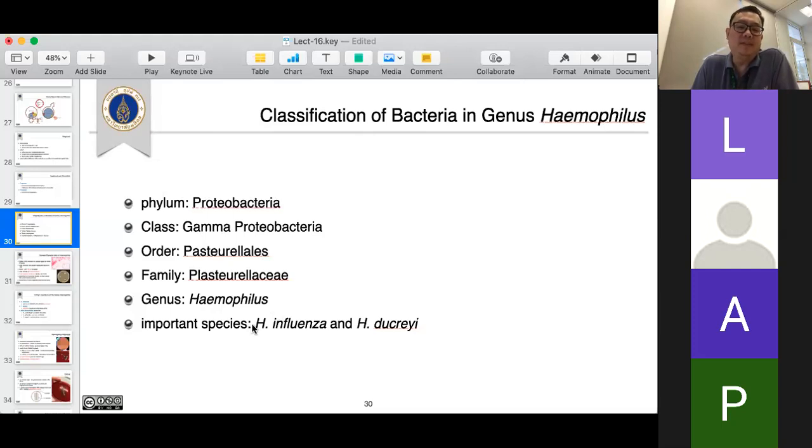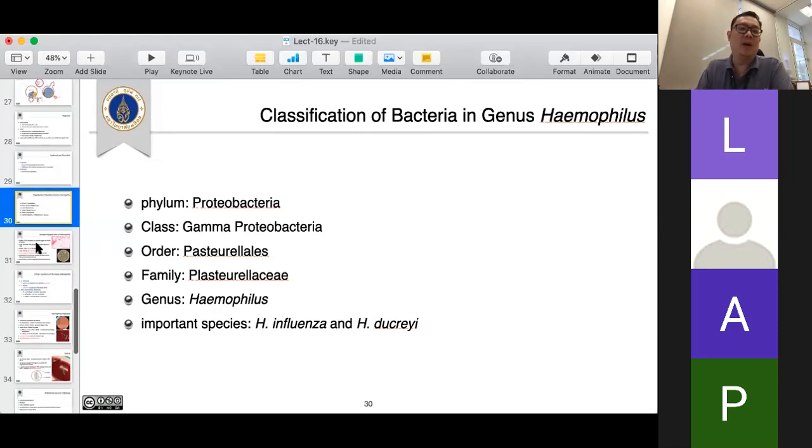Important species refer to Haemophilus influenzae and Haemophilus ducreyi. And for another Haemophilus, now they have moved out from the genus Haemophilus to another group I'll mention later.